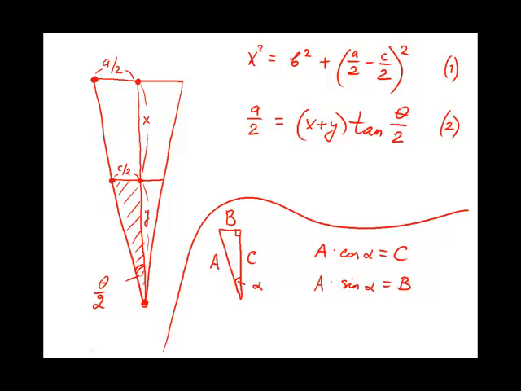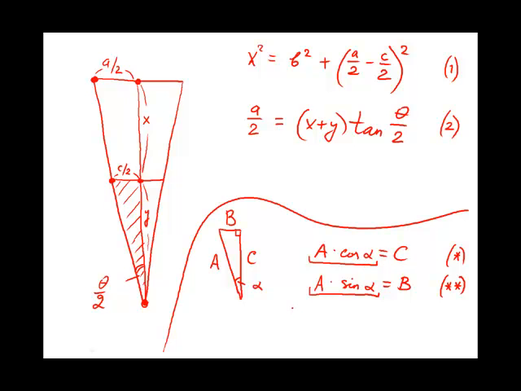Now let me divide, this will be equation star, this will be equation 2 stars. Let me divide 2 stars by 1 star. So I divide the left hand side of 2 star equation by the left hand side of 1 star equation.